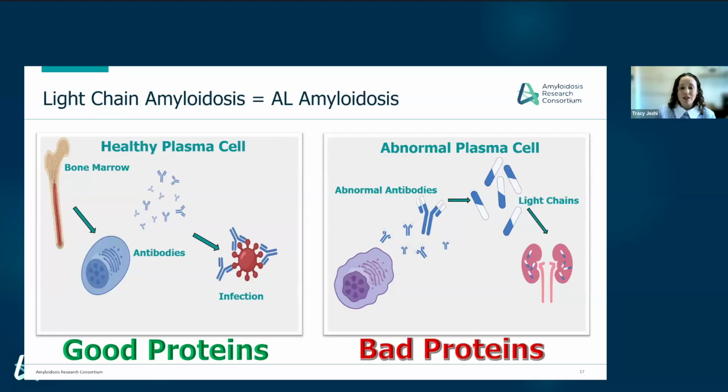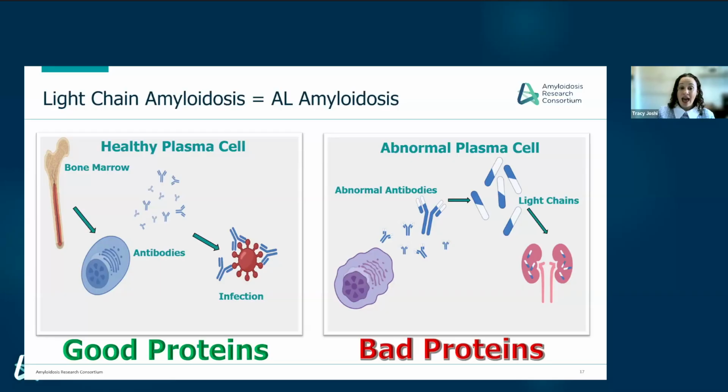These light chains misfold and turn into amyloid deposits instead of helping the immune system. Over time, these deposits build up in organs, disrupting their normal function and leading to serious health complications.